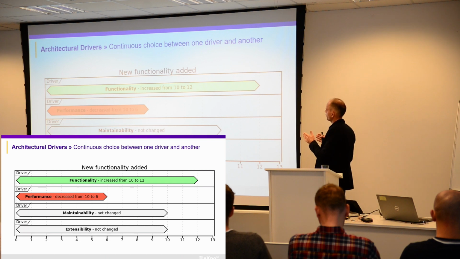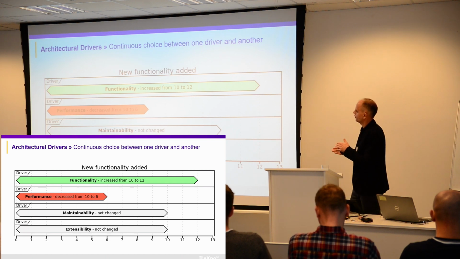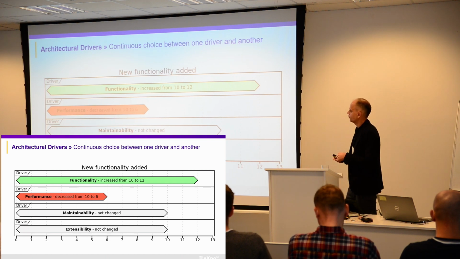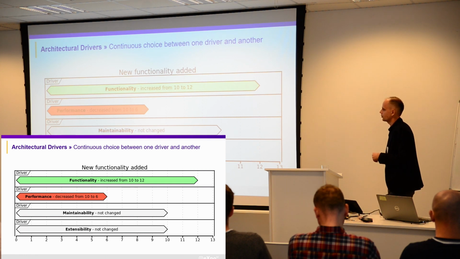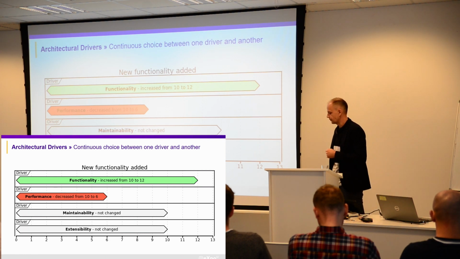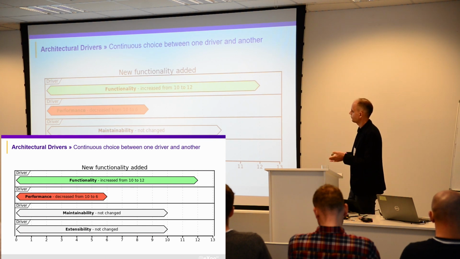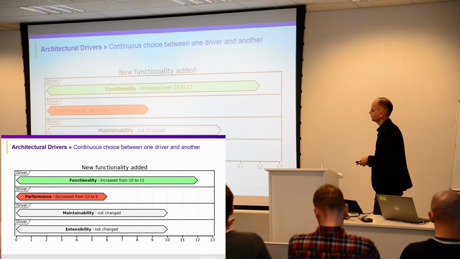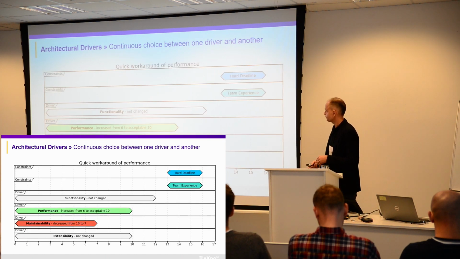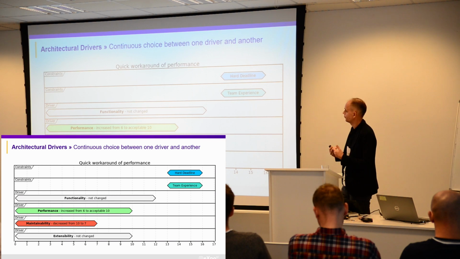So everyone is happy, but the downside of this change is that we decreased the performance. And it was not acceptable to the business at this moment. They didn't expect that this is a critical function, so we cannot accept this kind of change. That's why we had to create some change to fix it.